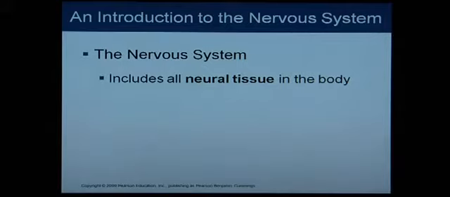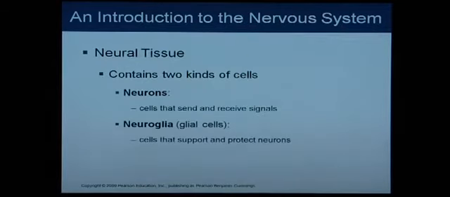So, as it says here, the nervous system includes all the neural tissue found in the body. We can really divide that up into two major types of cells. First, our neurons, which are the cells that actually send and receive signals.